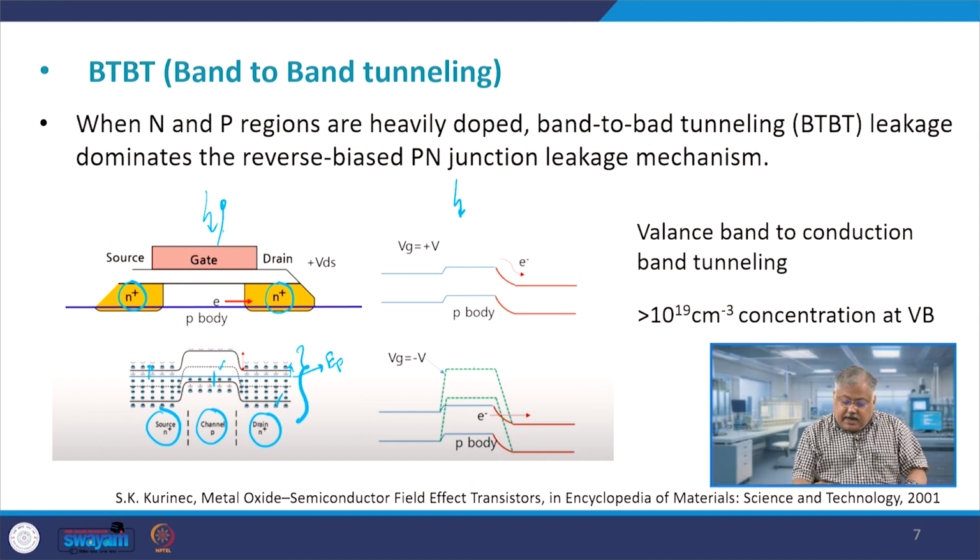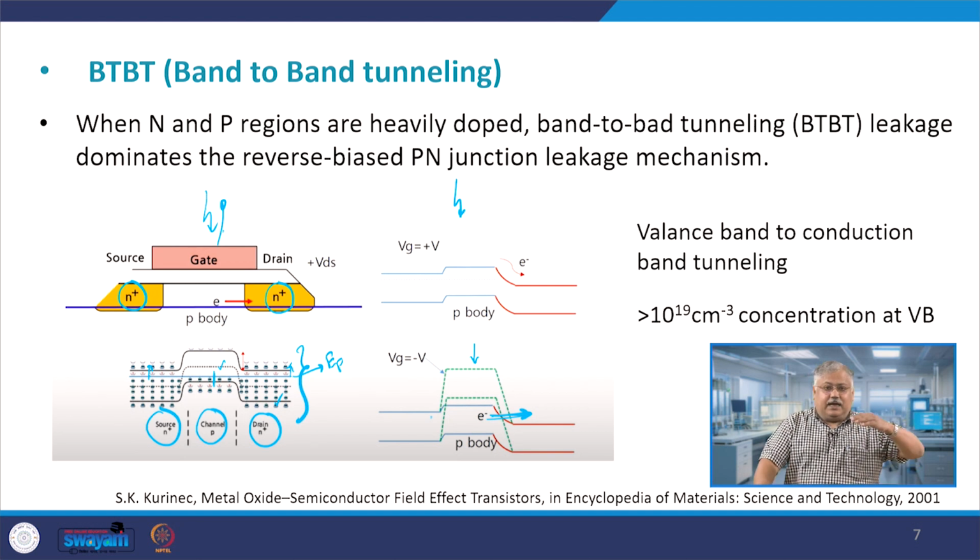If you apply either a negative bias or a large amount of positive bias, band bending will take place, and effectively this band will get aligned with the conduction band, and as a result you will have a large carrier flow between source and drain. This is known as BT-BT tunneling or band to band tunneling, and it is responsible for giving you a large concentration of electrons in the valence band.